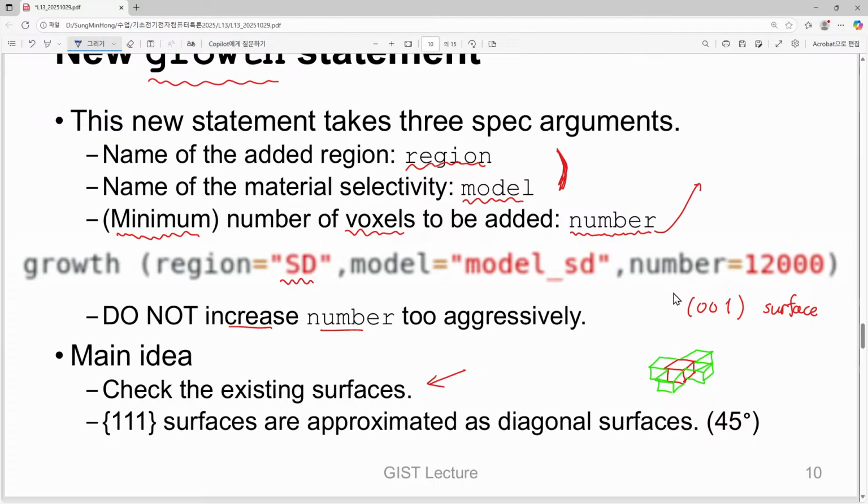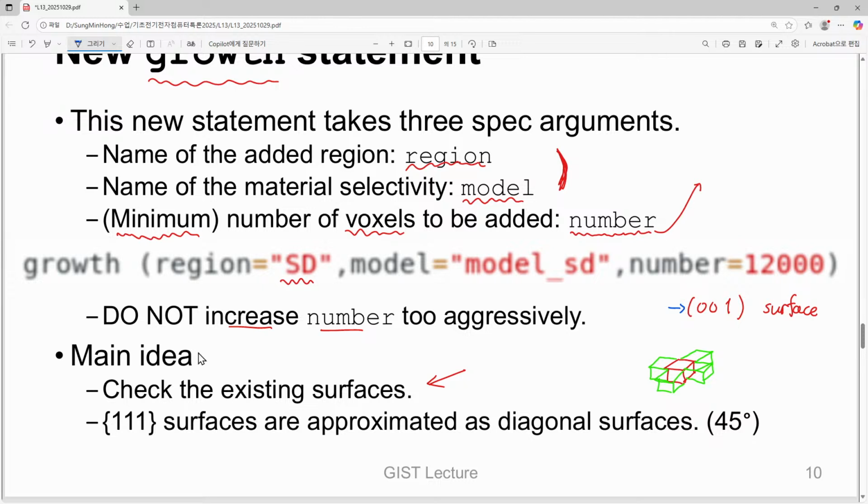Of course, this is just for the 001 surface, and we have other surfaces. For other surfaces, we also have different rules. I'm not saying that this is quite rigorous, but it is just to try to mimic the architectural course.